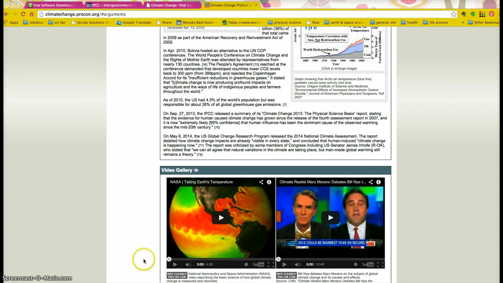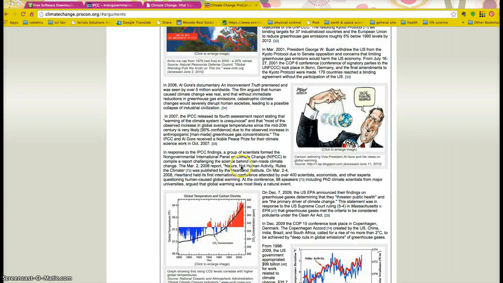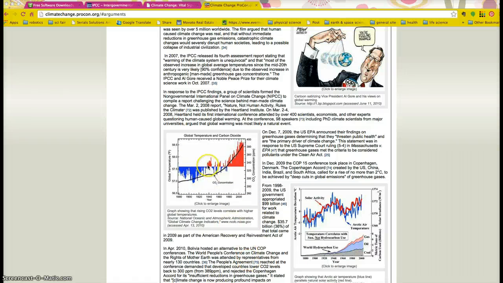Also, in this website, it's really nice that they have two different opposing points of view represented by videos. So it might be nice to start with a video, get different points of view, and then go back and read the text. Also, they have some graphics here showing the relationship between global temperature and CO2 levels.